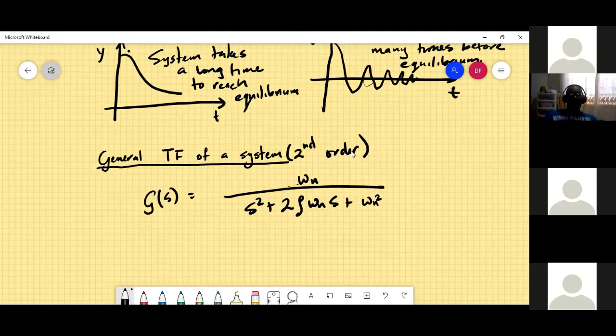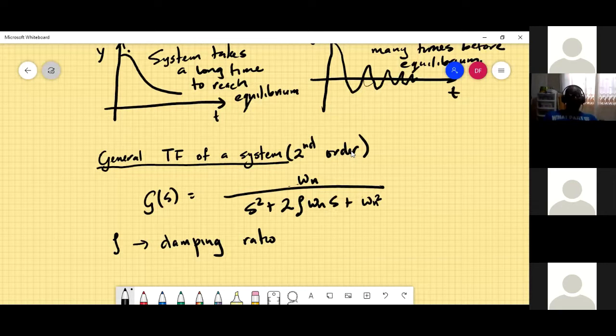Now, the damping, not omega, zeta is the damping ratio. It's called the damping ratio. Damping ratio just tells you how much friction or how much opposition to the motion the system has. So picture a child on a swing, and then picture that you could have that child on the swing underwater.